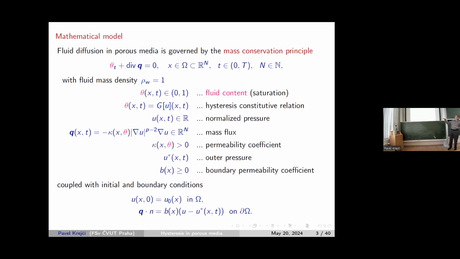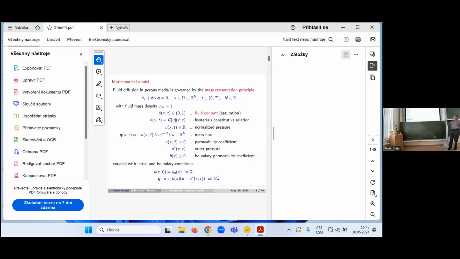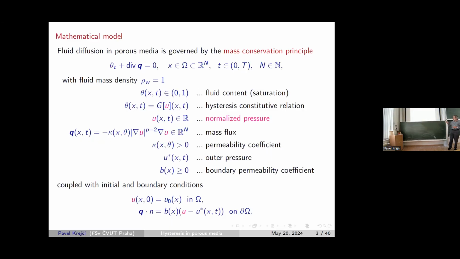And now this is mass conservation. The mass increase is compensated by the divergence of the flux.